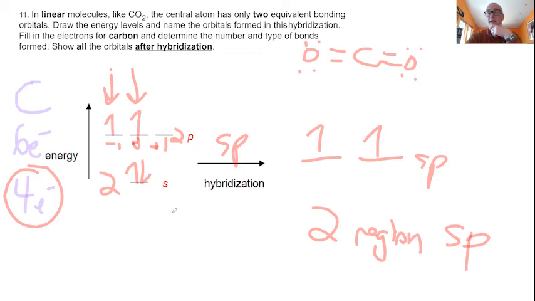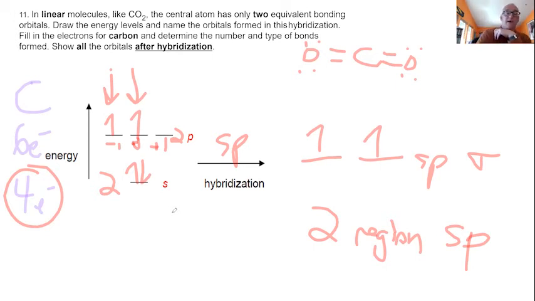Those are going to be my bonding electrons. I'll show you in a second, those are going to be my sigma bonding orbitals. So I have 2 valence electrons left. Where do they go? In the S orbital? My S orbital's gone, right?